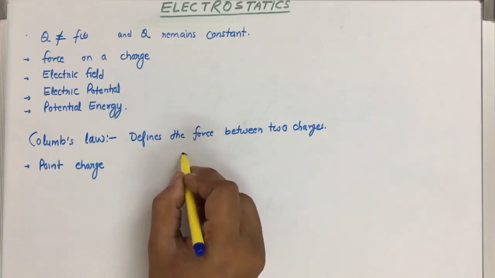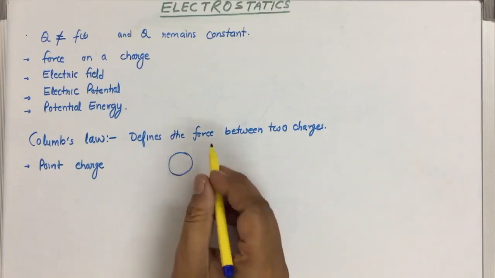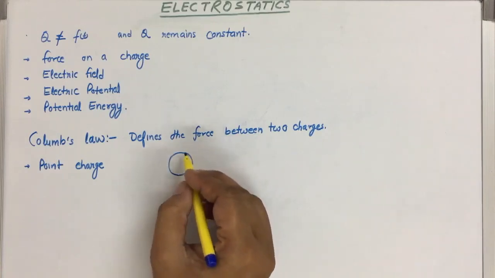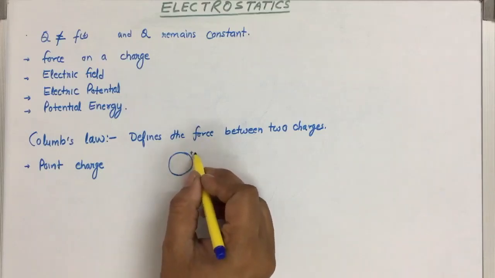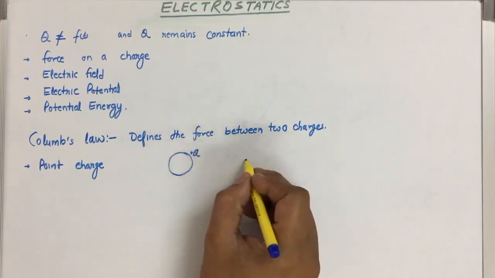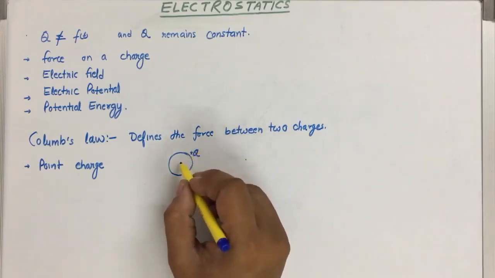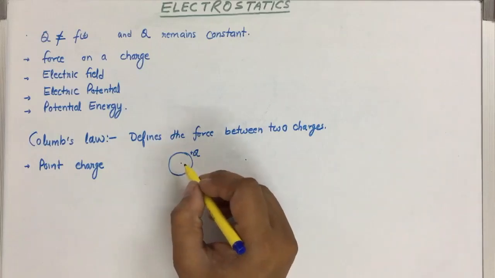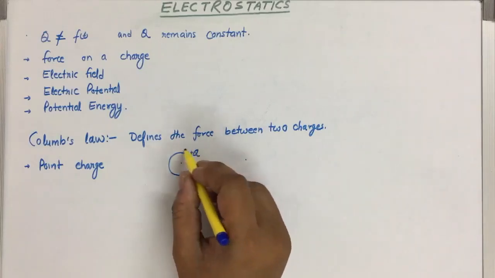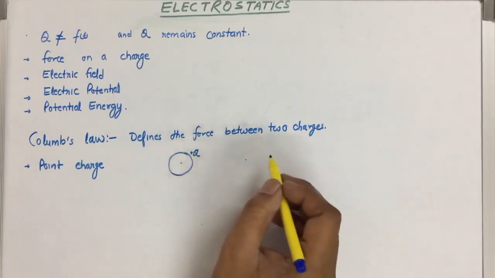For example, there is a spherical body and charge is distributed on it, that is Q. Now for any external point, this positive Q can be considered as concentrated at this point. So in this case, this is considered as the point charge.